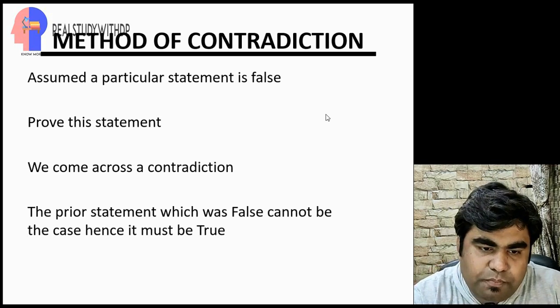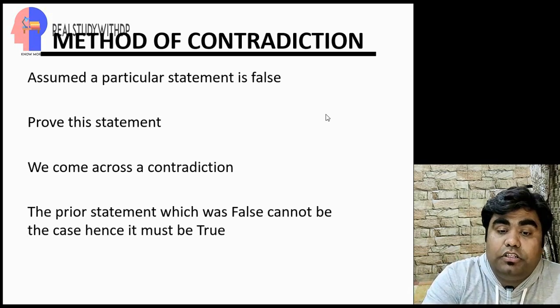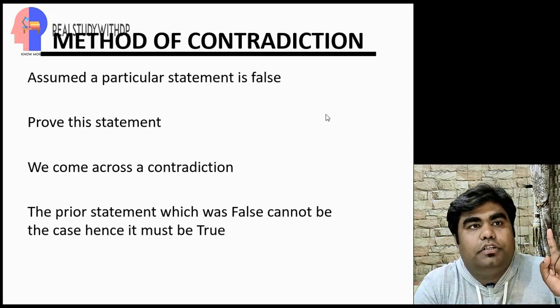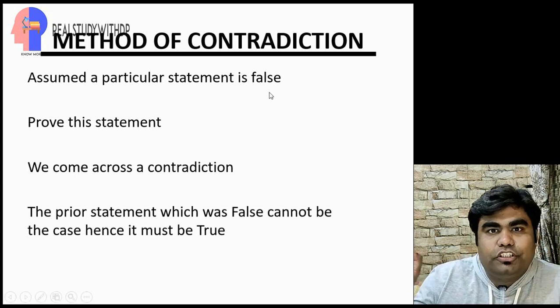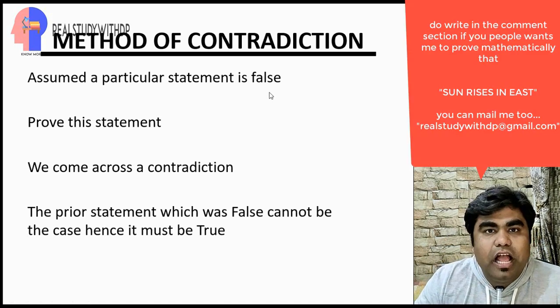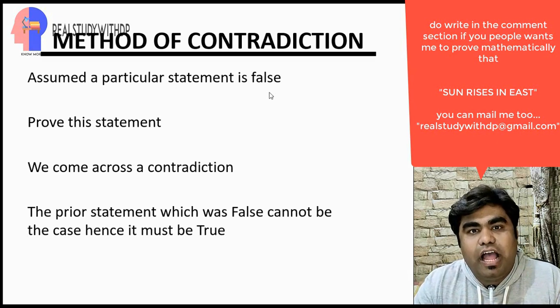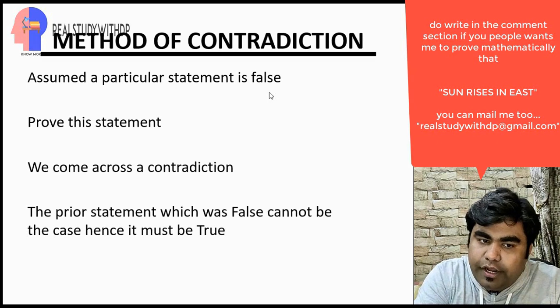The first part is that we have to assume a particular statement to be false, which is actually true, just like the statement that the sun rises in the east. That statement is a universal truth. That is a true statement. However, when I'm going to prove that the sun rises from the east by this method, I am going to consider the assumption part first.